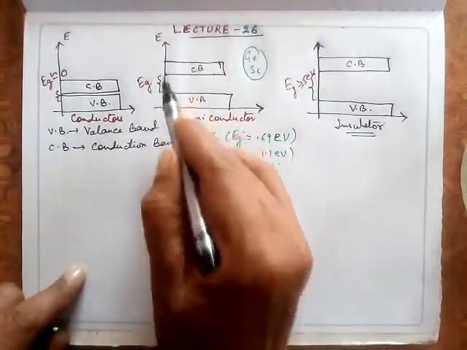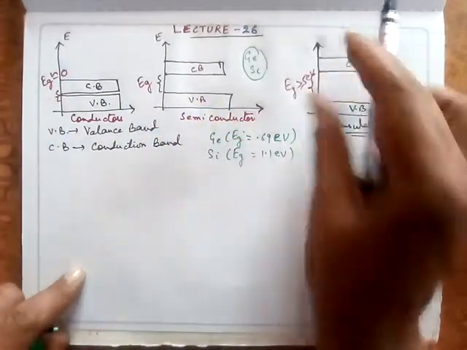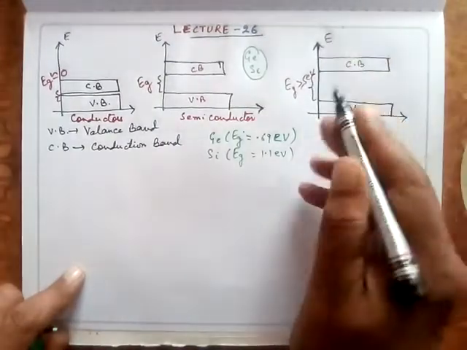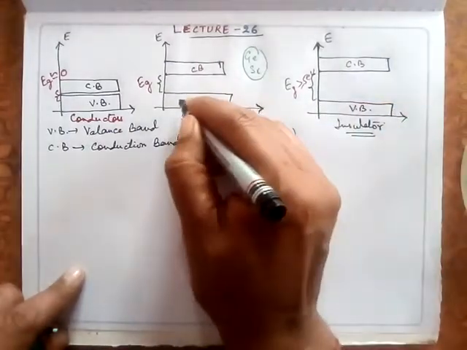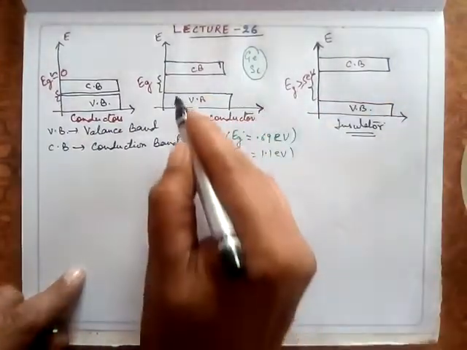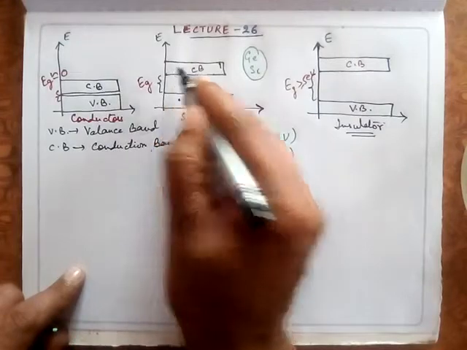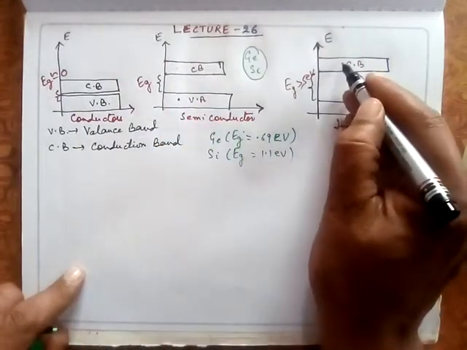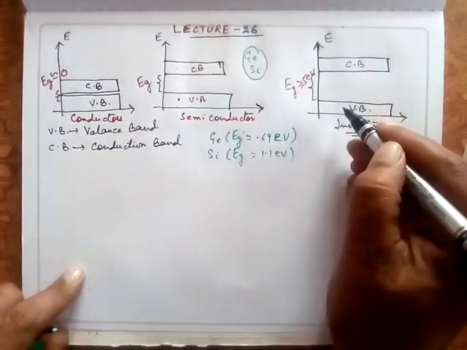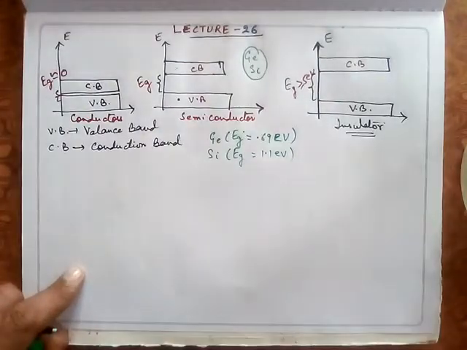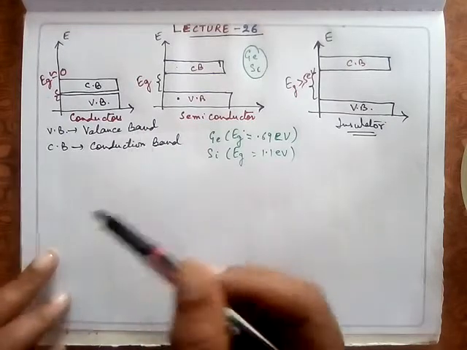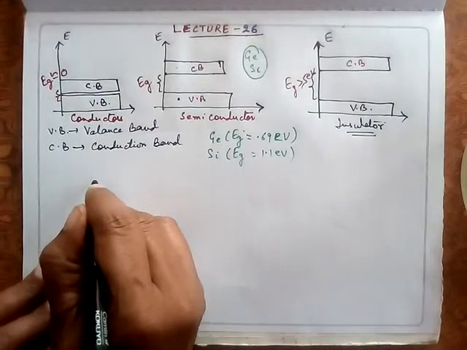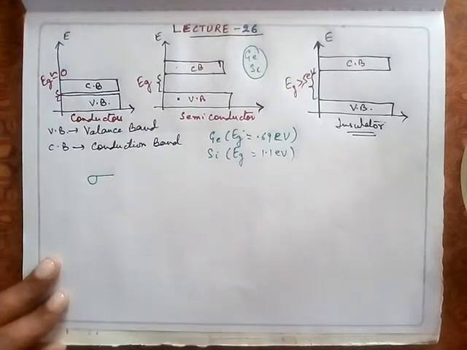then moderate in case of semiconductors, and very large in case of insulators. It means if I have to push an electron from the valence band to the conduction band, a large amount of energy is required. Now as far as the conductivity is concerned, I represent conductivity by sigma.